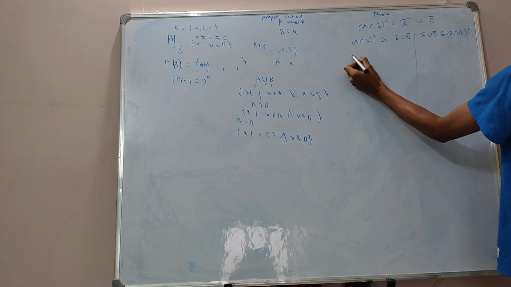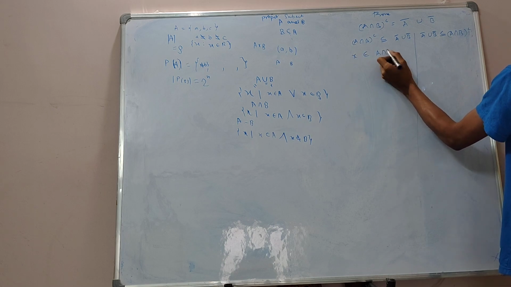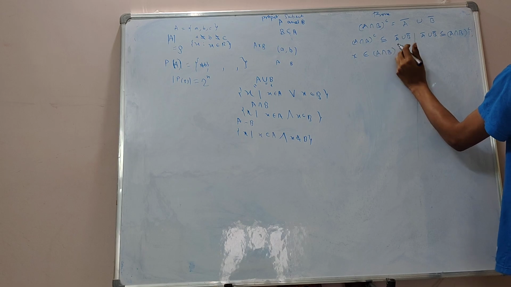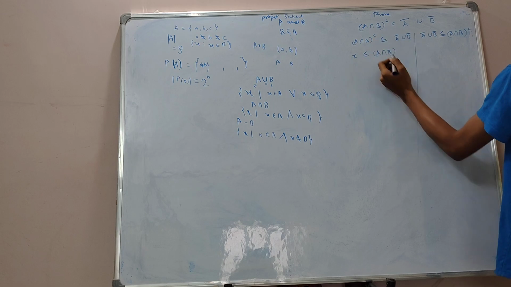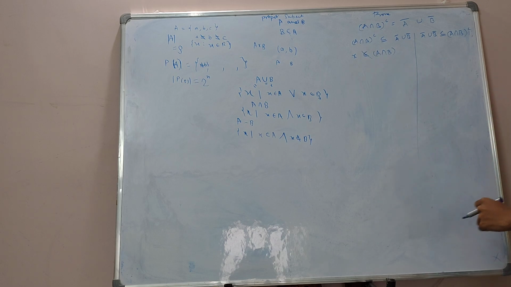Suppose I have any element x that belongs to (A intersection B) complement. So when I remove the complement here, that means x does not belong to A intersection B, right?